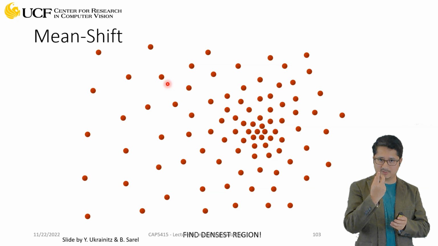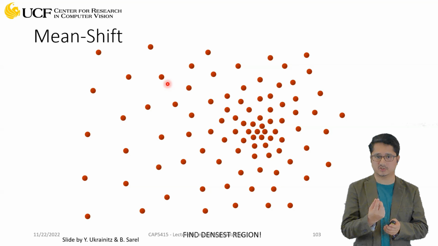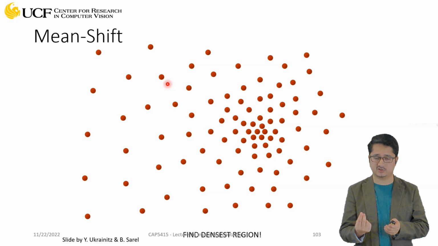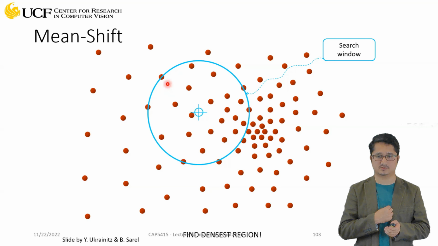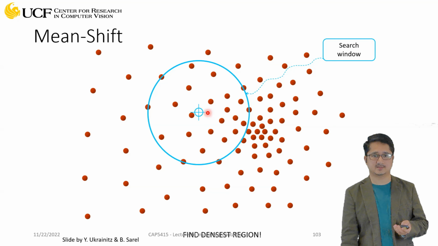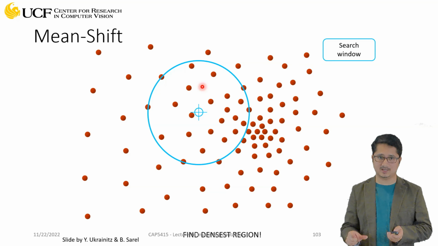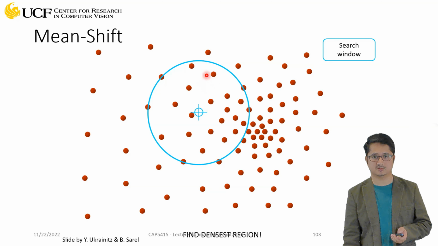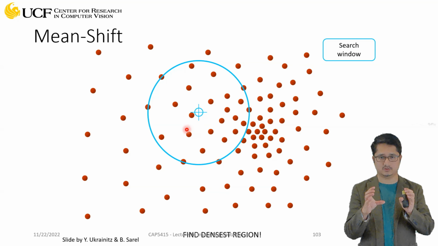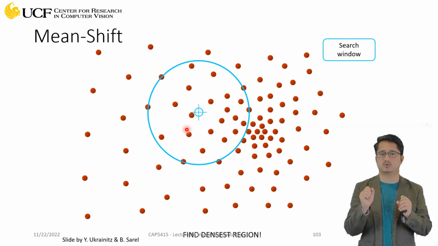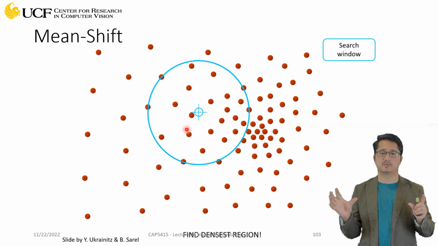So we try to move that initial location to the densest region we can have in the samples. Okay, for example, let's say we start from this point. Now, one interesting parameter you still have in this algorithm is the search window. How big your search window is going to be will control how big your segments will be.